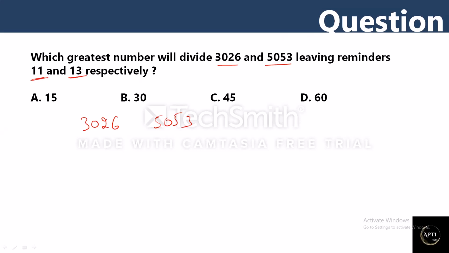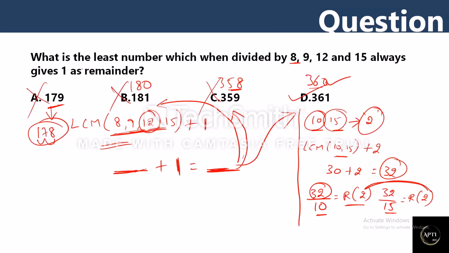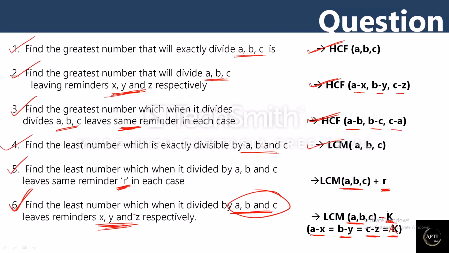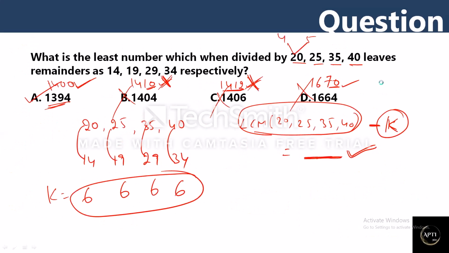Two different remainders. Greatest number means we need to find the highest common factor. For what highest common factor? If you observe, check with the second application: find the greatest number which when divided by A, B, C leaves three different remainders. The approach there is the highest common factor of A minus X and B minus Y. The same thing I am doing here in reverse.